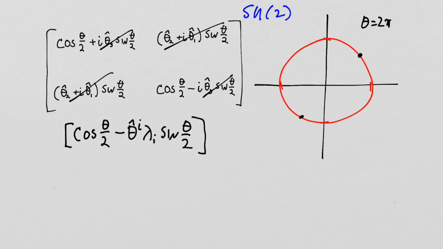All the directional information goes away, and the only thing that's left is this number, and that number has no directional information, which means every point on that sphere represents the same matrix, cosine 2 pi over 2, which is cosine of pi, which is -1 and -1, which means everything on that sphere corresponds to minus the identity in the underlying group.